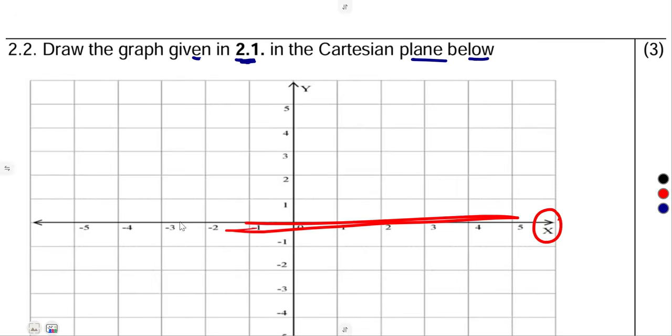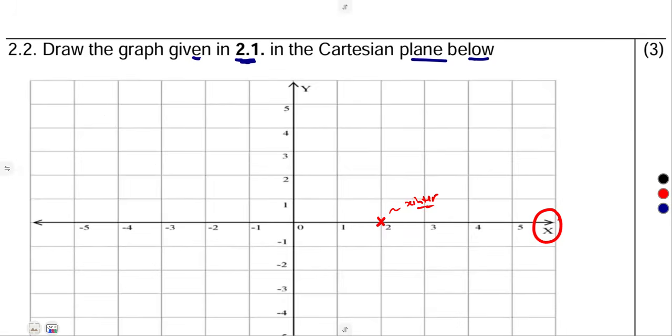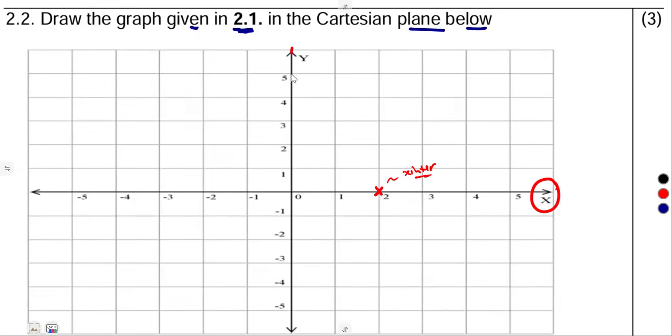That is in the x-axis. Where x is 2, you mark a point. That's your x-intercept. The y-intercept, we also calculated that at minus 4, y is what? Negative 4. Exactly in the y-axis, where y is negative 4, you mark a point. That's your y-intercept.